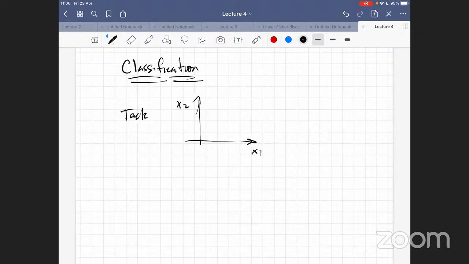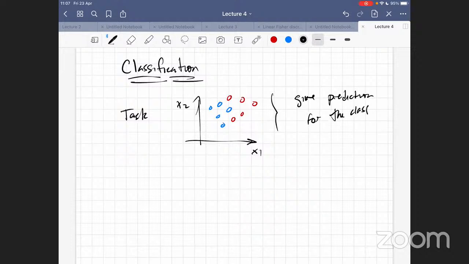So the task of classification here is, for example, that you may have a two-dimensional space with points of different types, let's say signal and background, or any other classes that you may think of. With these two classes, what you would like, as we were discussing in the first lecture, is to give a prediction for the class of a new point.